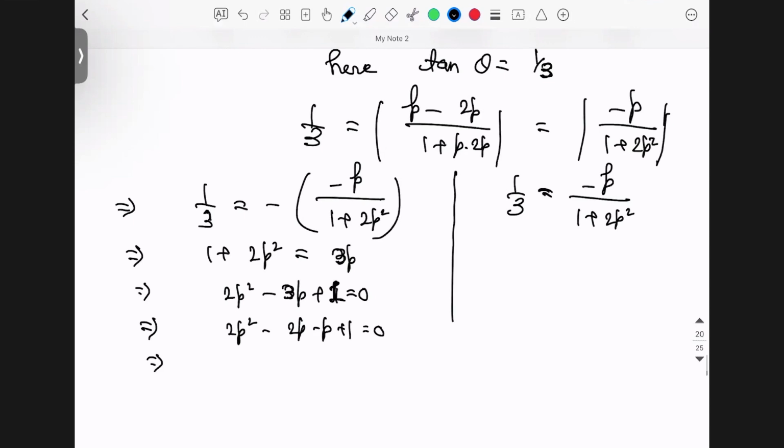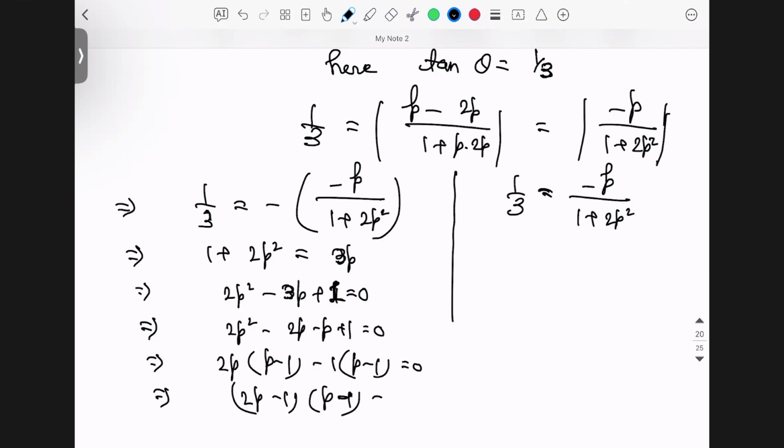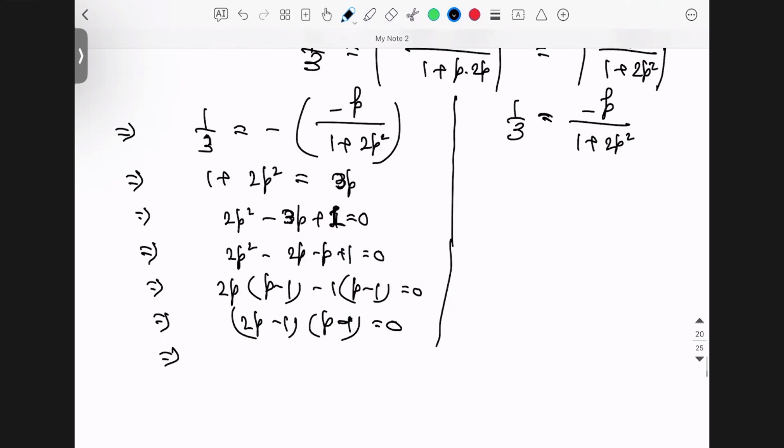If I take common factors, I get 2p(p minus 1) minus 1(p minus 1) equals 0. This gives us (2p minus 1)(p minus 1) equals 0. So p equals 1 or half.